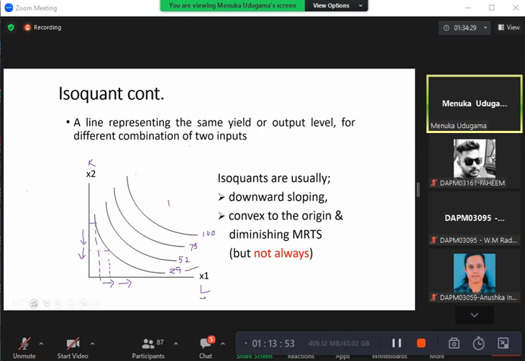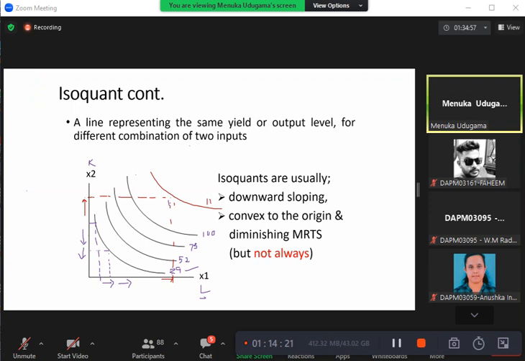But instead, if you increase both K and L, if you increase both by a certain amount, what would happen? Then you can go up to a higher output level.